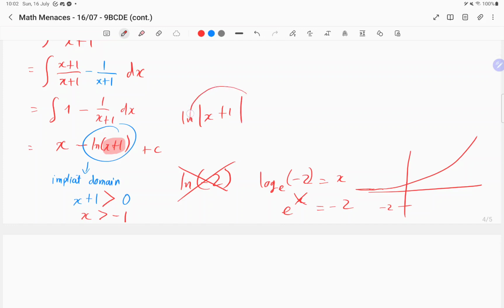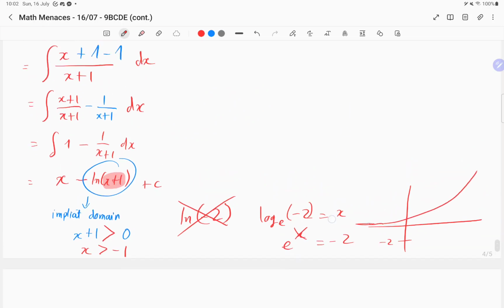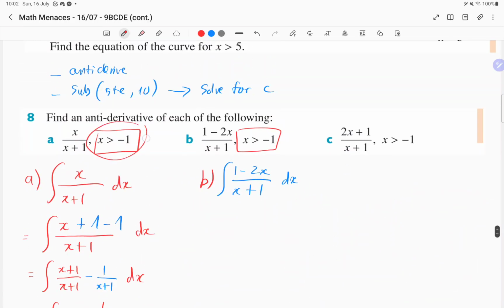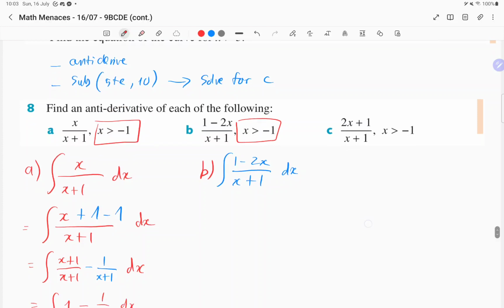So anything of x that will make it negative, you absolute value that, you get positive. Have you learned that at school? Yeah. The absolute value? Yeah, and you will learn this one next year. Anyway, so that's why in methods they have to say this x more than -1. Okay, that's the reason for that.